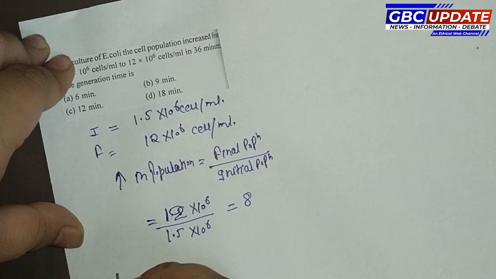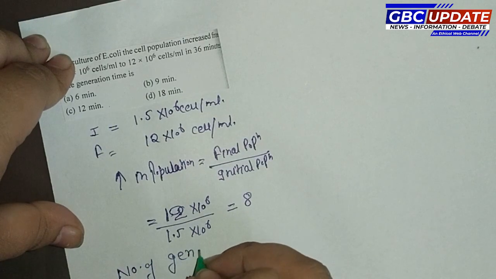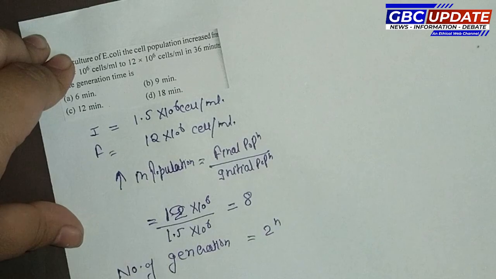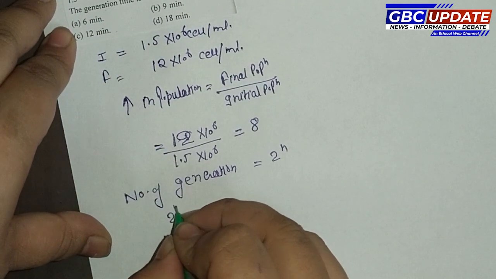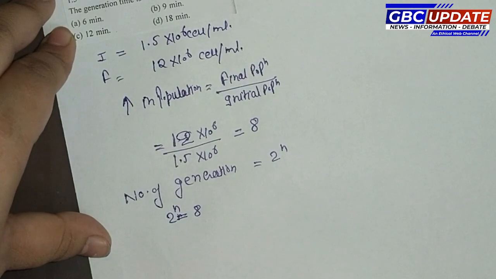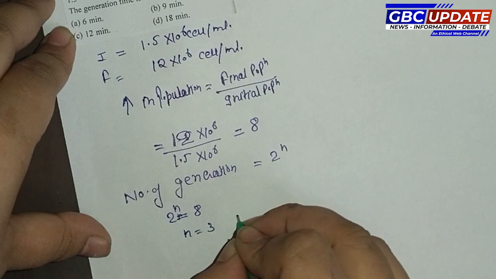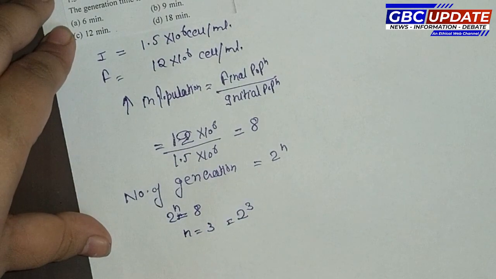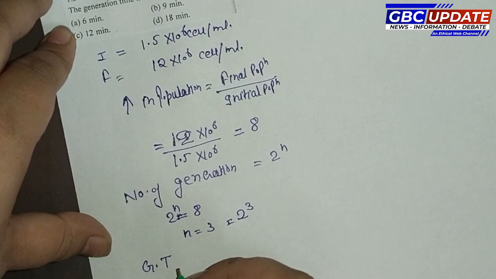So now we have to calculate the number of generations. The formula is 2 to the power n. So 2 to the power n is given as 8. So n is 3, which is 2 to the power 3 will be the answer. So now we have to calculate generation time.